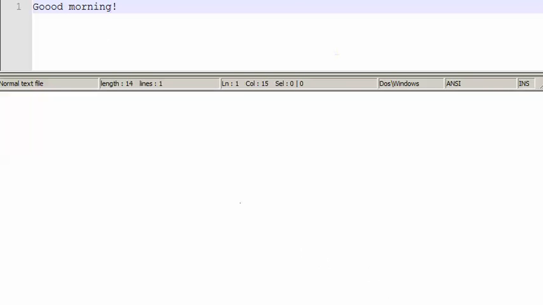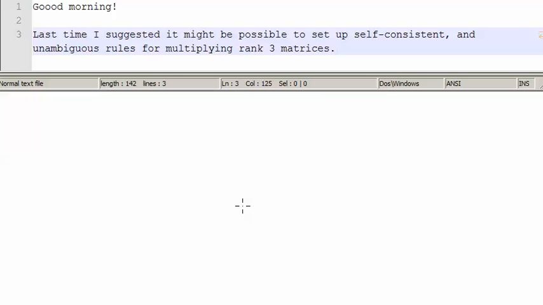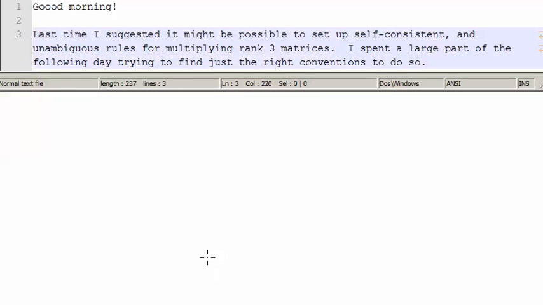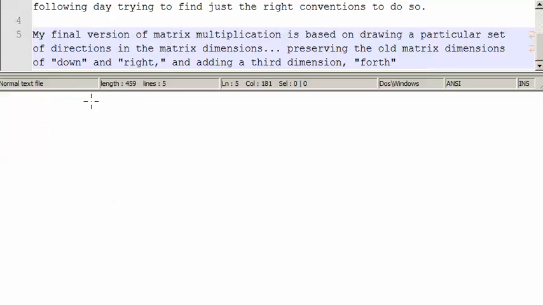Last time I suggested that it might be possible to set up self-consistent and unambiguous rules for multiplying rank 3 matrices. So I spent a large part of the following day trying to find just the right conventions to do so. My final version of matrix multiplication is based on drawing a particular set of directions in the matrix dimensions, preserving the old dimensions of down and right.